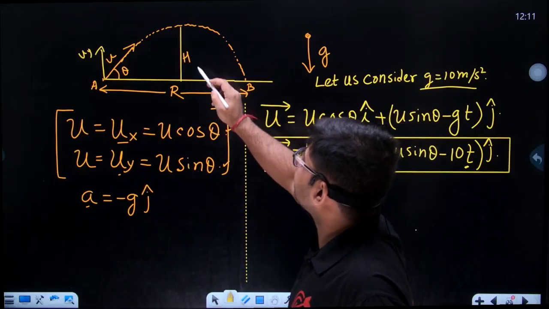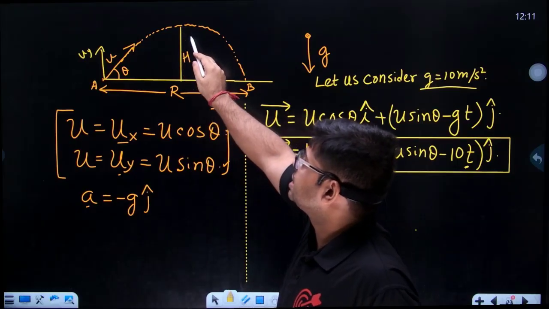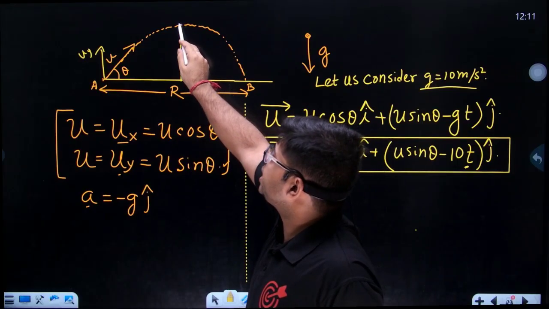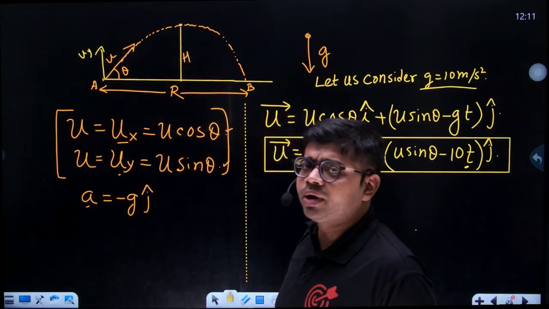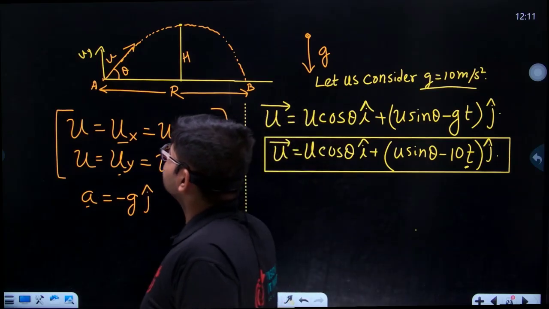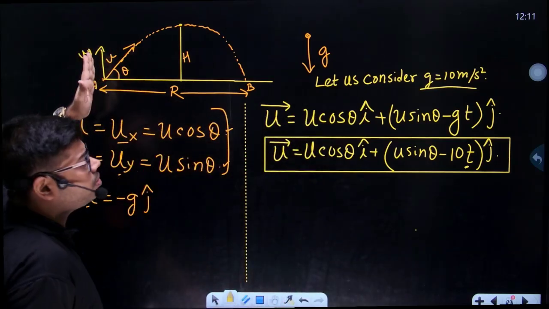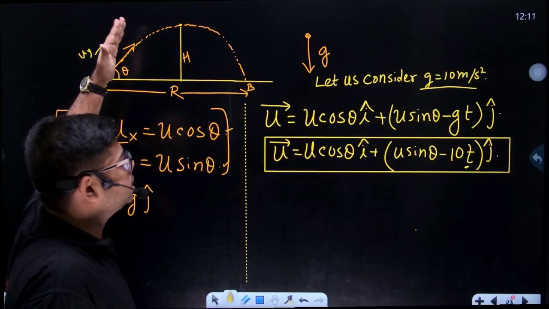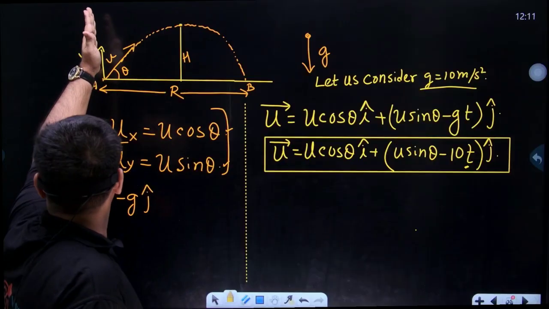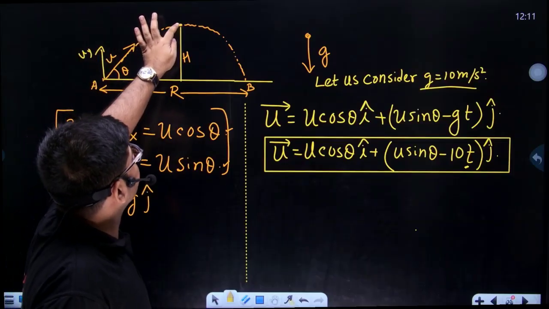See, at this highest point what is happening, I want you to understand this. ये जो top point है, at this point what is happening? At the highest point, the vertical component of the velocity u becomes 0.